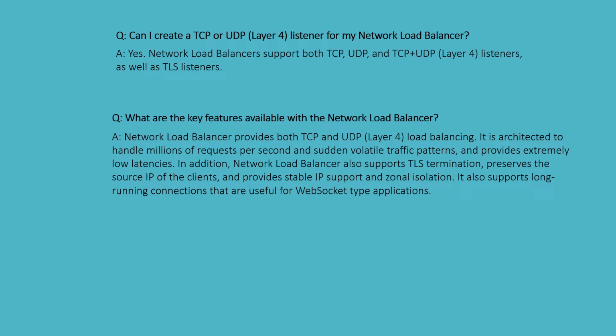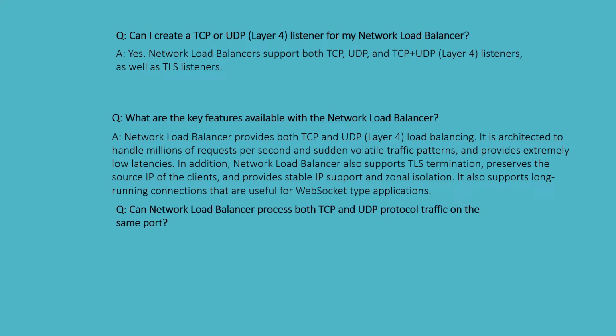In addition, Network Load Balancer also supports TLS termination, preserves the source IP of the client, and provides stable IP support and zonal isolation. It also supports long-running connections that are useful for WebSocket type applications.